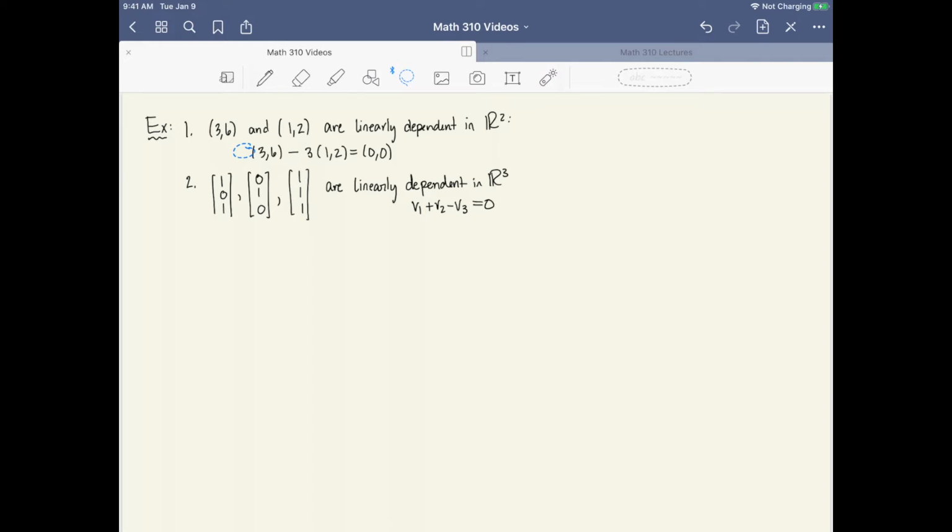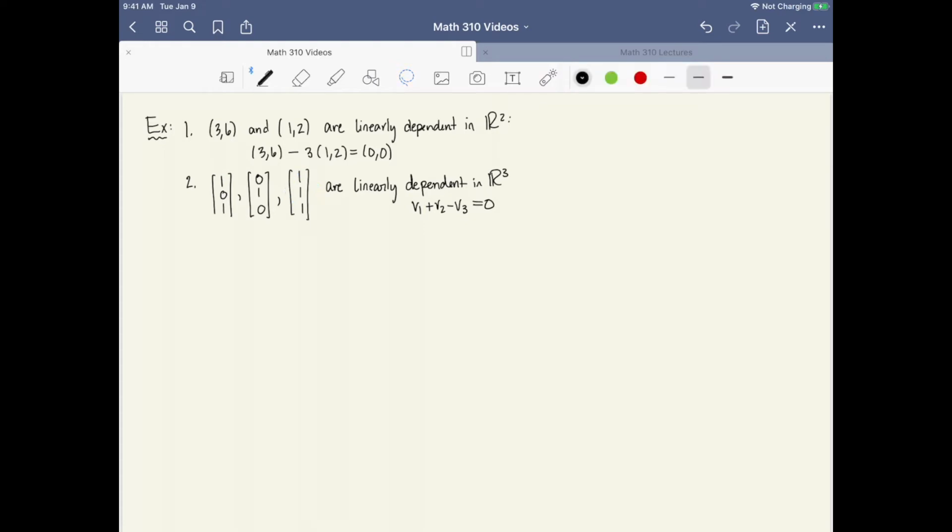As another example, we have 3 vectors that are linearly dependent in R3. So take, for example, now (1, 0, 1), (0, 1, 0), and (1, 1, 1). Now I can notice just by spot checking that if I add the first 2 vectors together, I'm going to get the third vector.